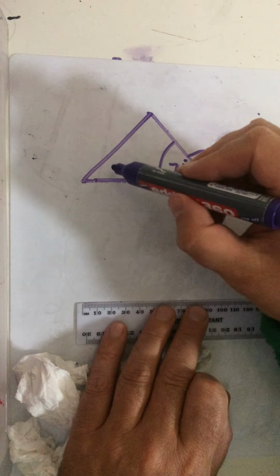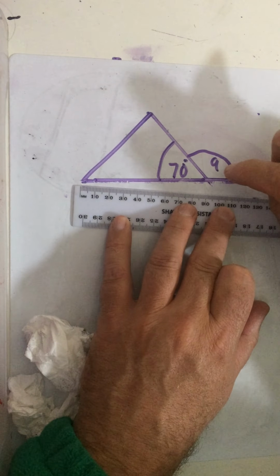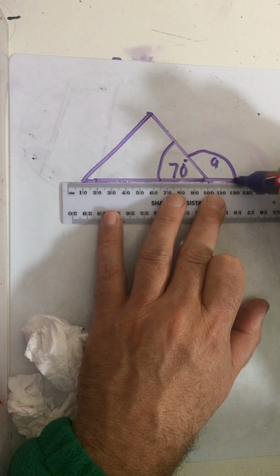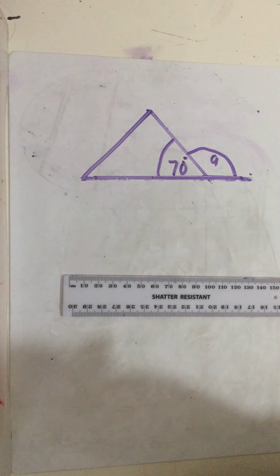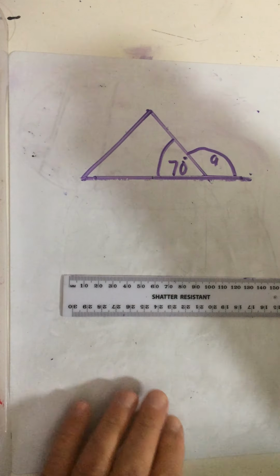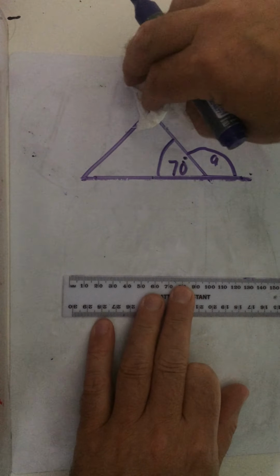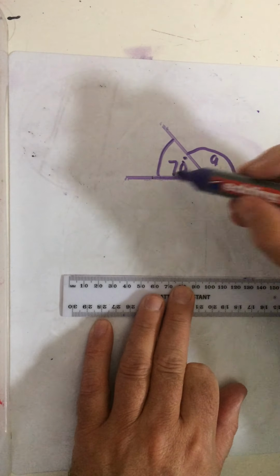I can do that even without knowing these, because what we have got here is a straight line, and we know angles on a straight line add up to 180 degrees. People tend to struggle on this question until we rub out these parts, and we can see that all we've got is a straight line.